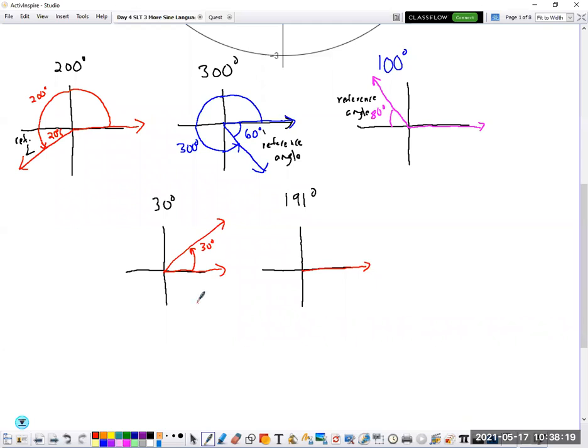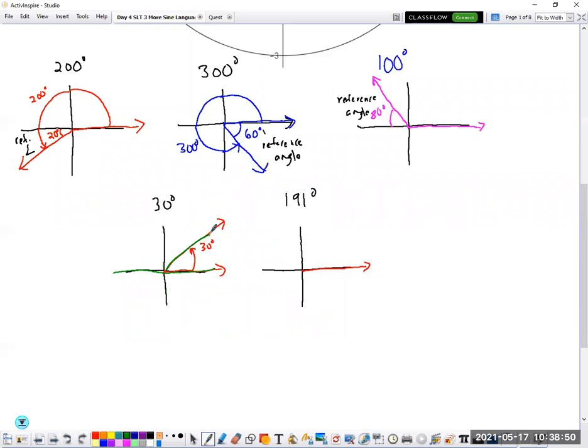Okay, so 30 degrees, if I'm looking for the angle between the terminal ray and the x-axis, if I'm running from the terminal ray to the x-axis and I want to run there fast, what quadrant should I run to? Should I go here or here? To the right. Oh, to the right, yeah.